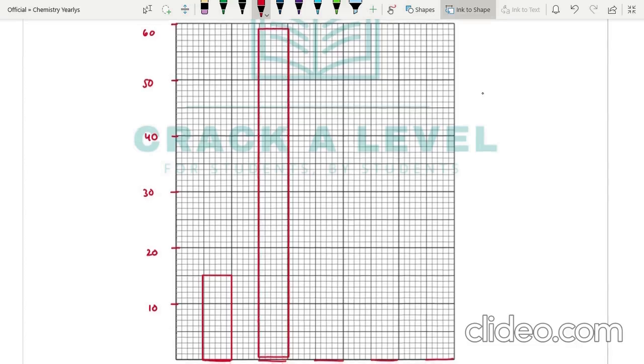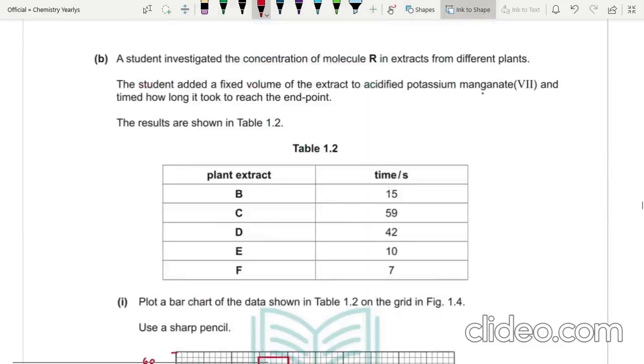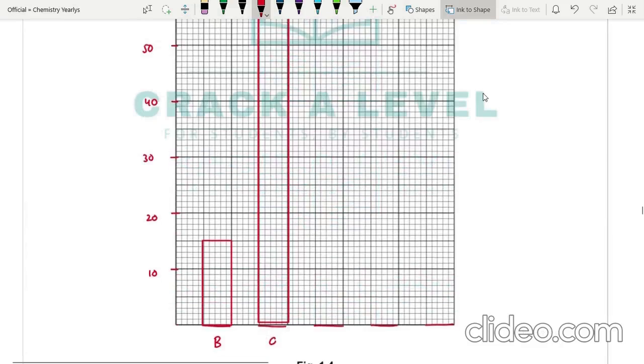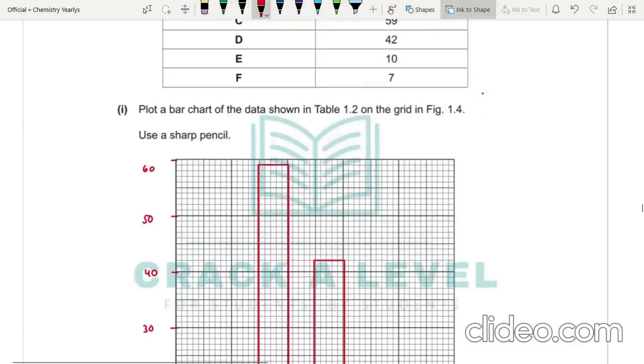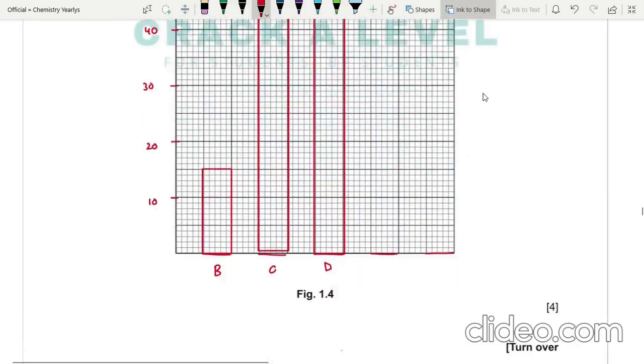So this will be C. Then let's check for D. D is 42, so 42 will be somehow about here. This will be D. Let's check about E and F. So E is 10 and F is 7.